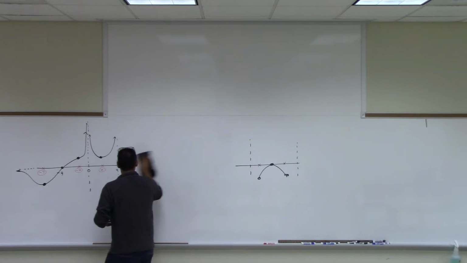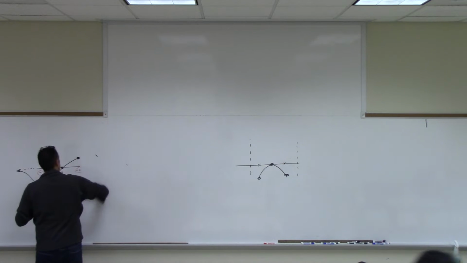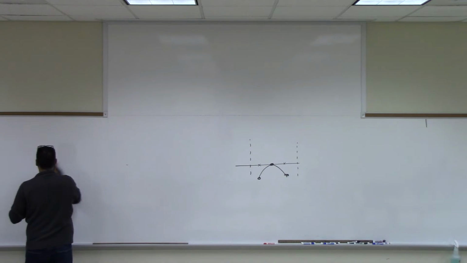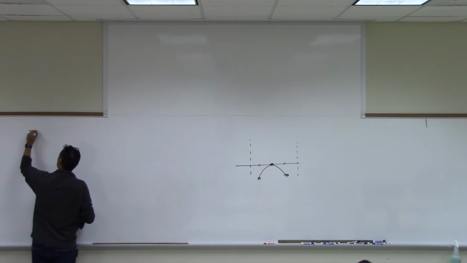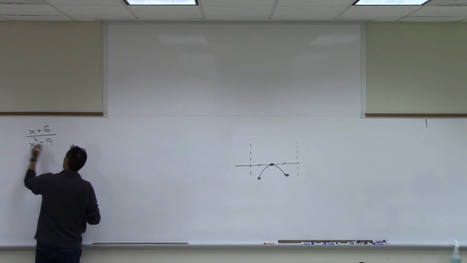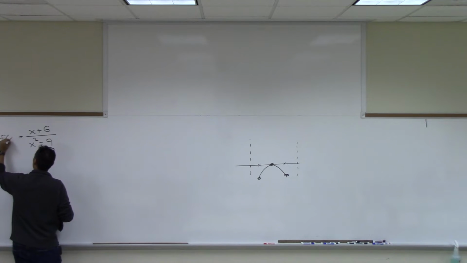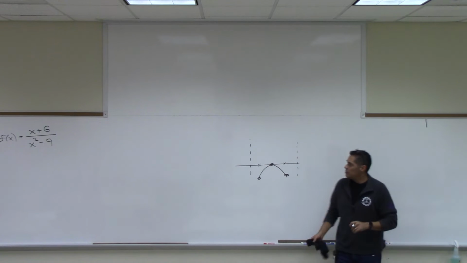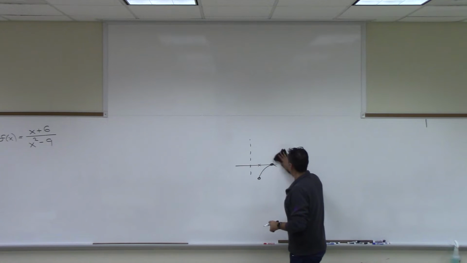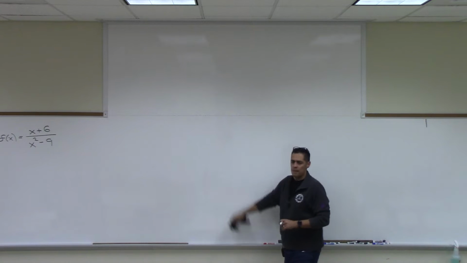All right, so for the next problem, you're going to have to give me the problem because I don't remember what I gave you. Okay, x plus 6 over x squared minus 9? Okay, this was the function, and I asked you to sketch this, right? So our first step is to do what? You have all the steps now, right?